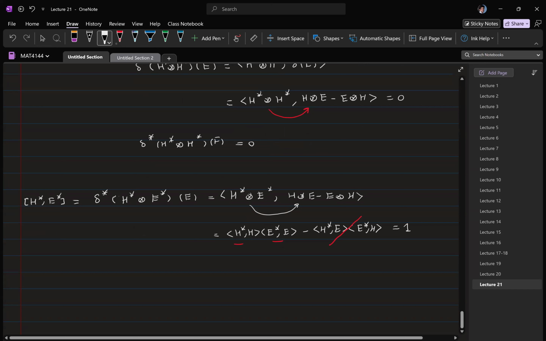Okay. And now you can continue and see what linear combination of H star, E star, and F star we get here. I leave it to you to do the calculation.